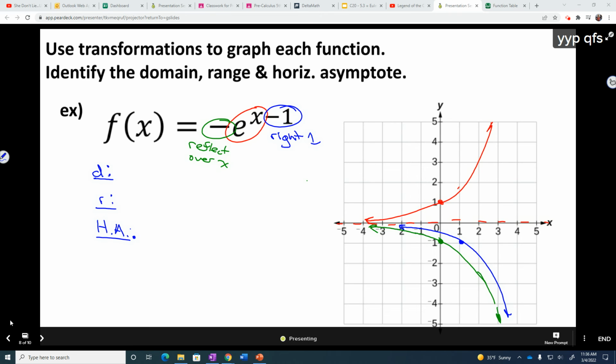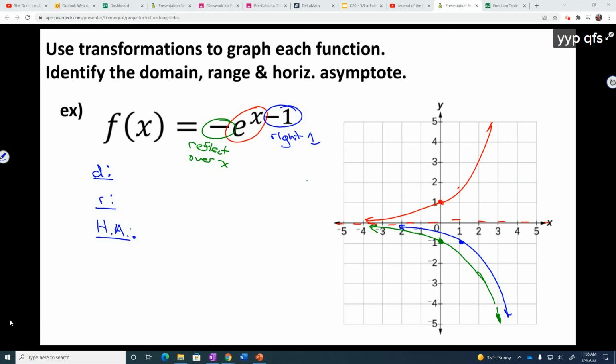So let's state our domain and range here. Domain is always going to be the same, all reals, or negative infinity to positive infinity. Anybody know the range? Yeah, good. So the lowest number is negative infinity. It goes all the way down to negative infinity. And you always start with the lowest number, which is negative infinity.